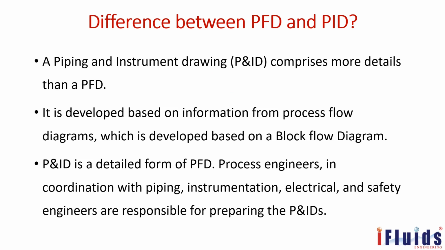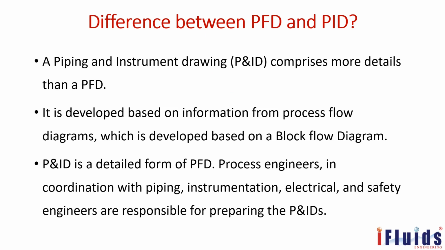A piping and instrument drawing comprises more details than a PFD. It is developed based on information from the process flow diagram, which is developed based on the block flow diagram. There are two types of process diagrams: one is the block flow diagram and the other is the process flow diagram, PFD. But PFD is the mother document for the P&ID.